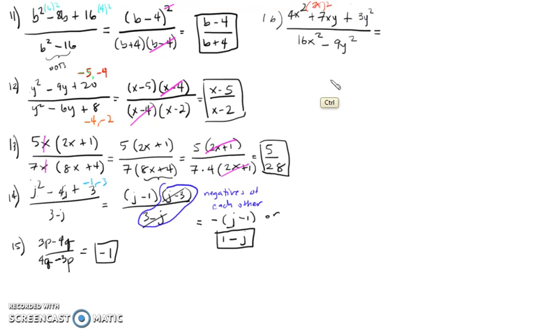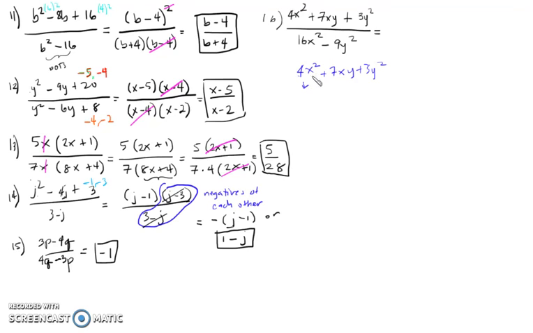Here I'm going to look for the factors of 4 and 3 that give me 7. Let me change color. So 4x squared plus 7xy plus 3y squared.